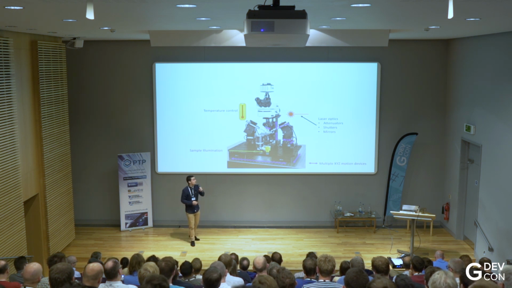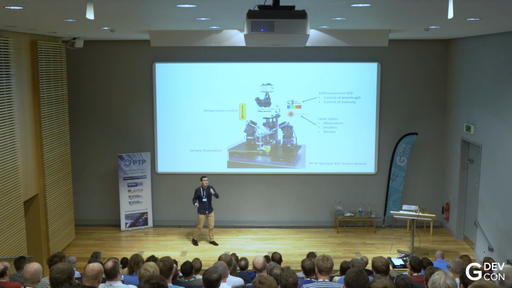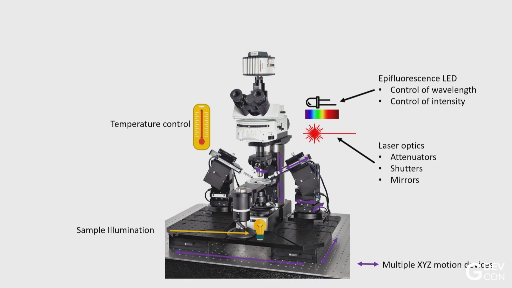An alternative approach is an epifluorescent LED, where you can stimulate the neurons with wavelengths anything from ultraviolet to infrared. And you can also change the intensities of these different wavelengths. We have a camera at the top to see how our neurons are responding to different stimuli.